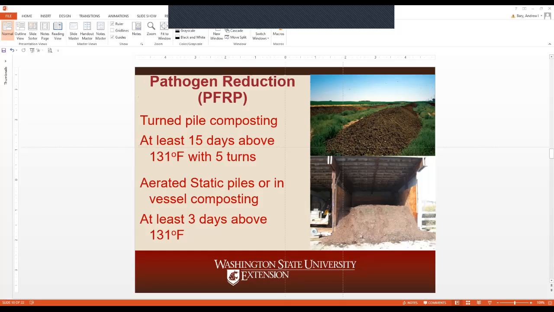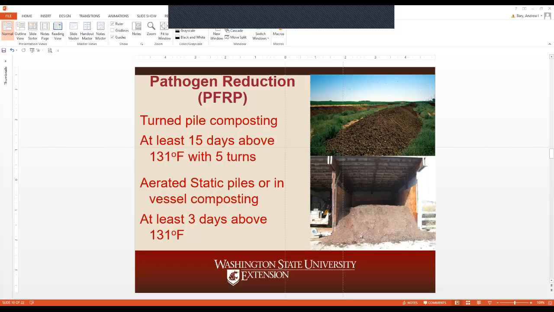For pathogen reduction, you'll hear the term process to further reduce pathogens, usually abbreviated PFRP, and almost everybody will refer to it as PFRP. There are a couple of different methods that can be used to reduce pathogens.